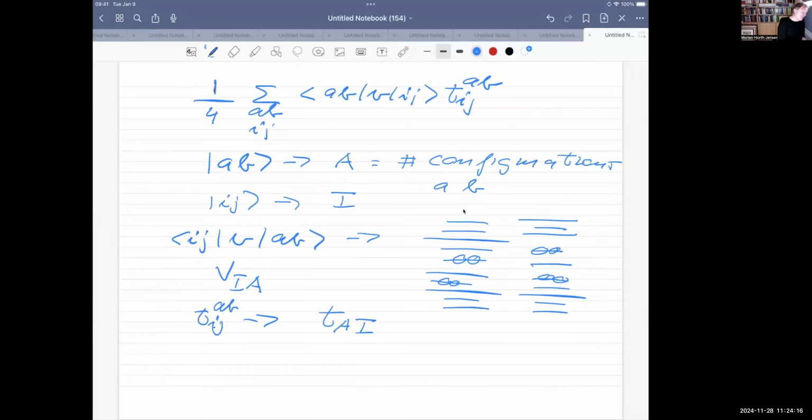So that means that the summation which we have, this A, B, and if we leave out the factor of 1 over 4, this Vij, Tij, AB, that could be simply replaced by us setting up a matrix, IA, and multiplying that with a matrix TAI.